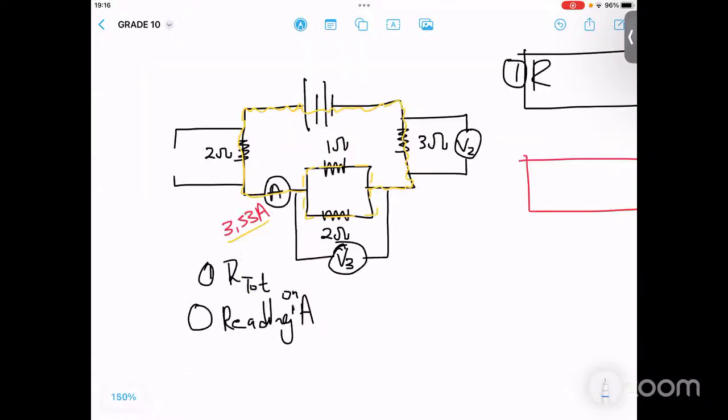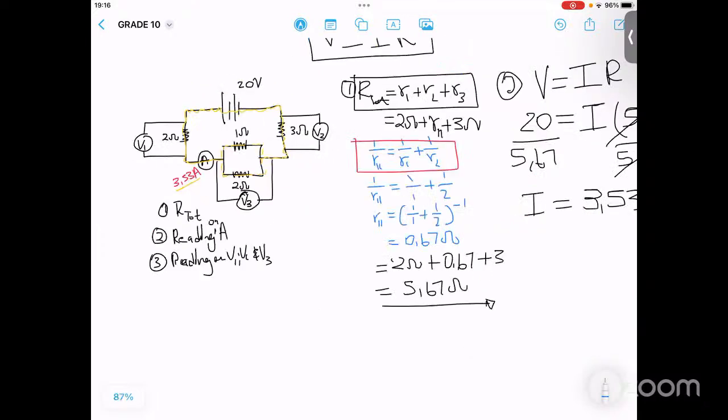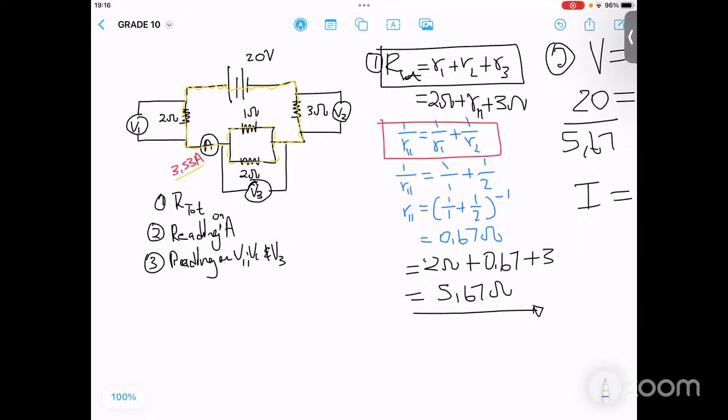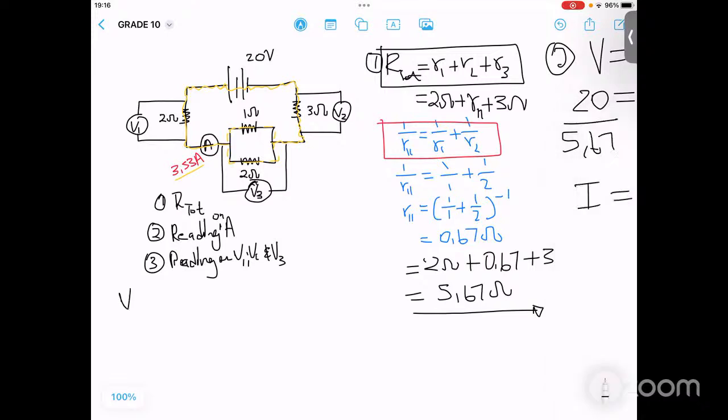But for now, we'll just leave it at that stage so that you are not confused before you get used to this topic. Okay, so now I will get to the last question, which says find the reading on V1, V2, and V3. Remember, the formula remains V = IR.